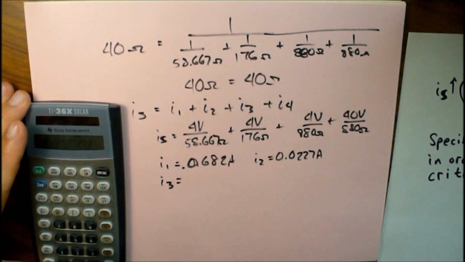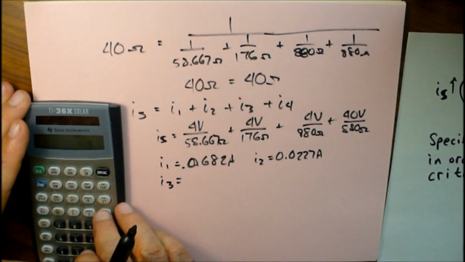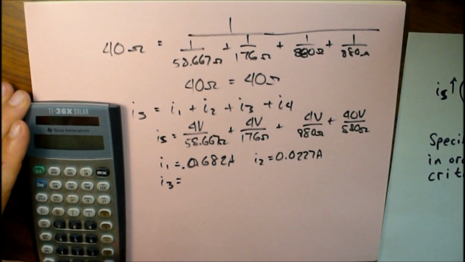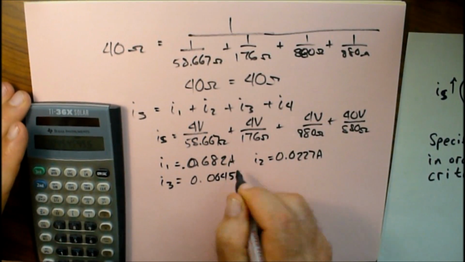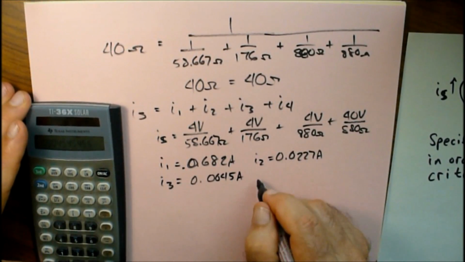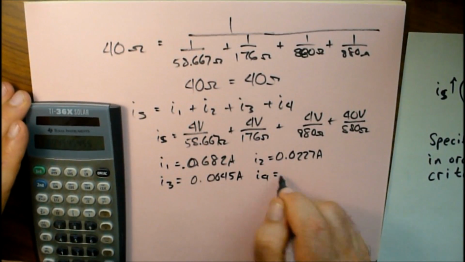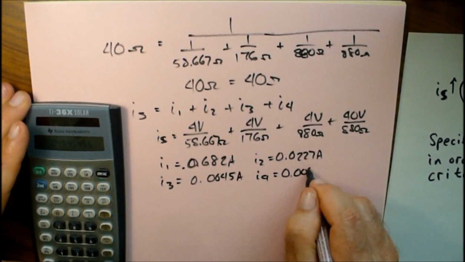I3 is 4 volts divided by 880, which is 0.0045 amps, and that's also I4, 0.0045.